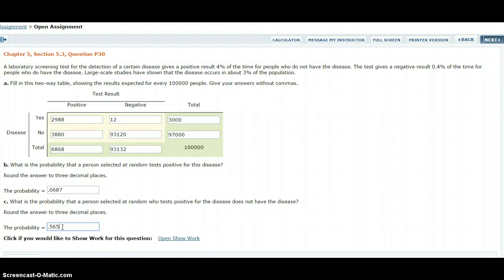Because there could be a very strong likelihood that you don't have it, especially if you were randomly chosen for something, which of course isn't as likely. But with drug screening tests, that is likely to be the way that they do it. So just keep this in mind. Let me know if you have questions about the implications here.